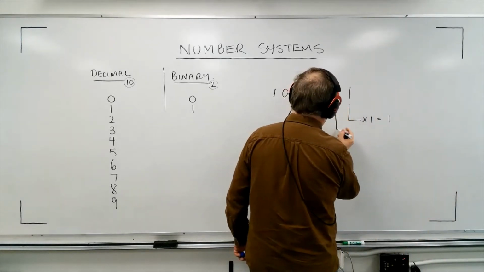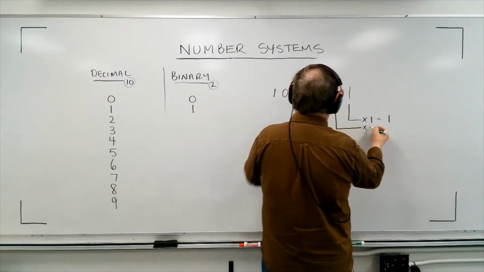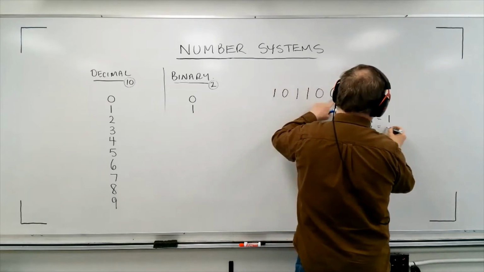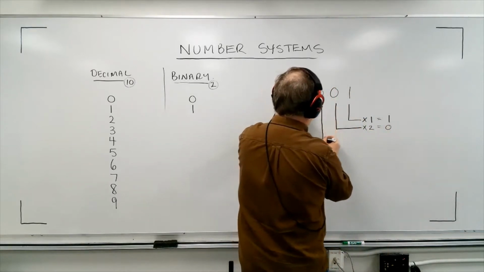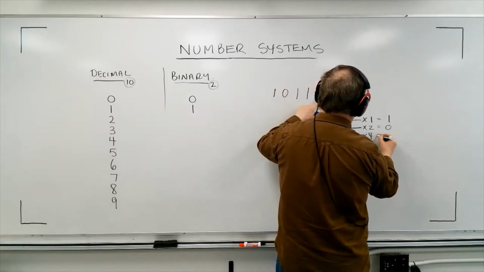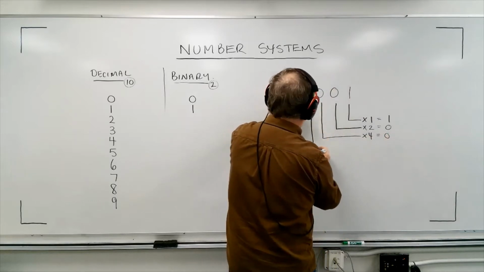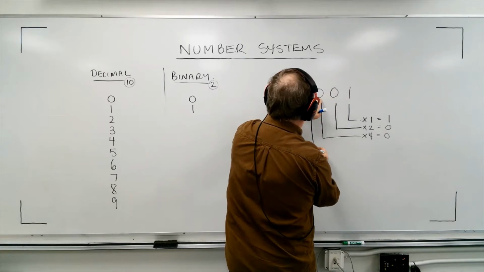I'm going to go 0 times 2, since this column is worth 2, but seeing as this is a 0, this equals nothing. Now I go to the next one. 0 times 4, well, that equals 0 too. By the time I get here, I'm at 1, 2, 4, 8.